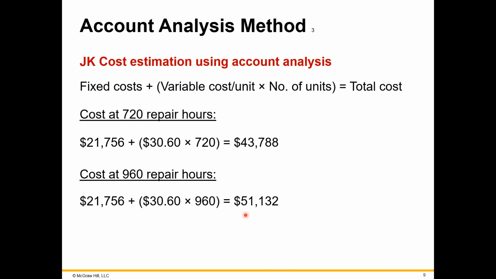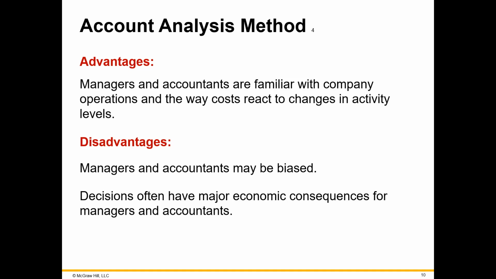This type of analysis also has its advantages and disadvantages. One advantage is that managers and accountants are familiar with the company's operations, and so they're able to take an account like the overhead account and more easily break it into fixed costs versus variable costs. But that same familiarity can also be a disadvantage.